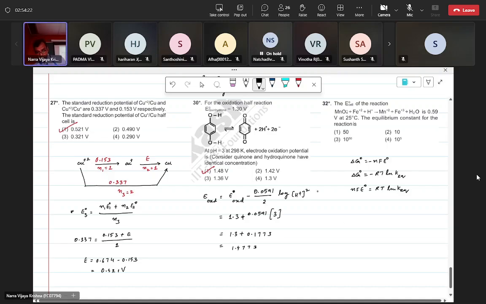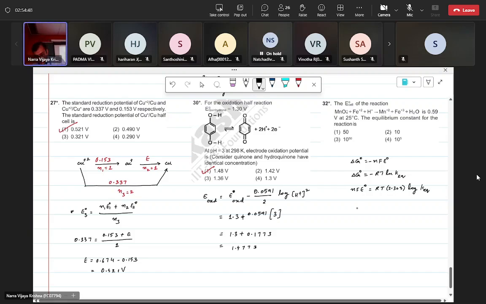Bring this RT to this side. What do you get? NF upon RT. Writing 2.303 RT, this ln can be written as 2.303 into log K equilibrium, right?